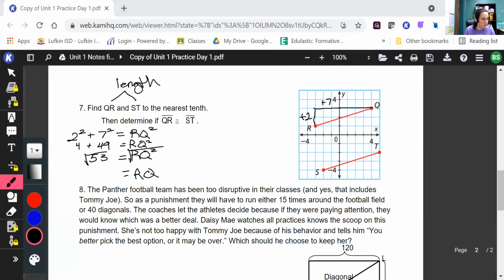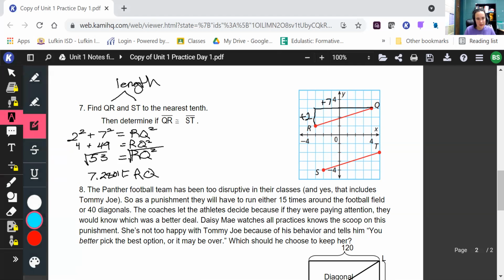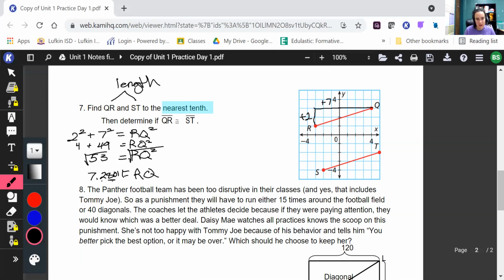And the square root of 53 is 7.2801. Now, rounding to the nearest tenth, we have 7.28. So we have an 8 afterward, that means we need to round up. So we have 7.3 equaling length of QR.